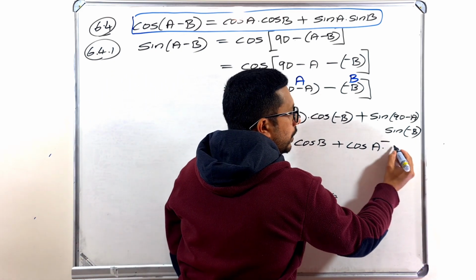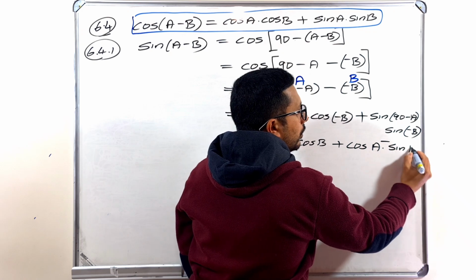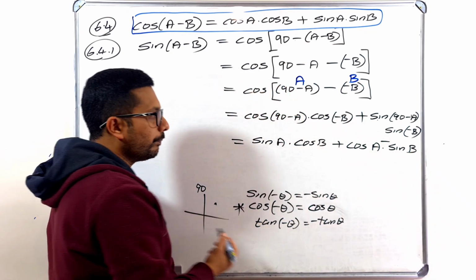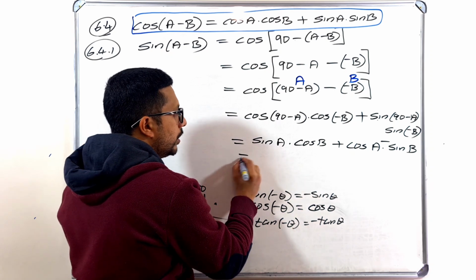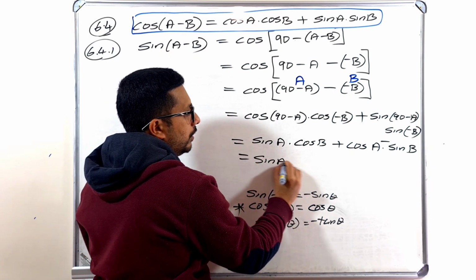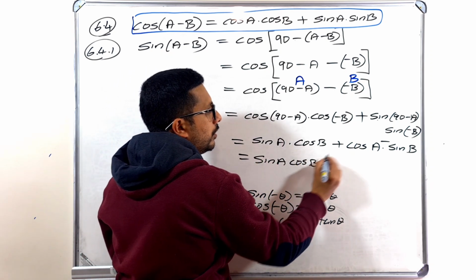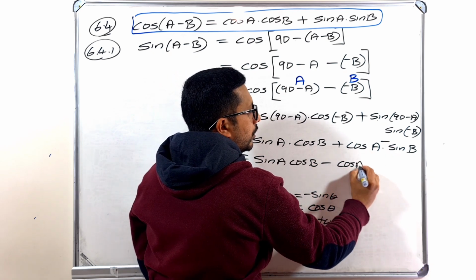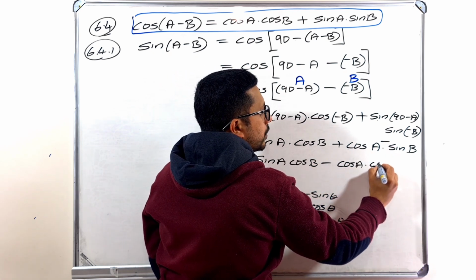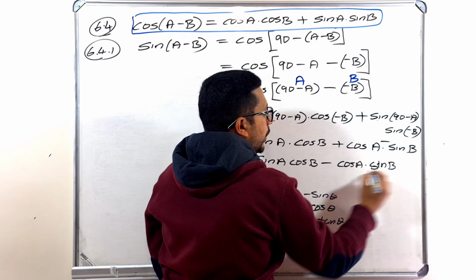This minus into this plus is minus. So it is sine a cos b, plus into minus is minus cos a sine b.